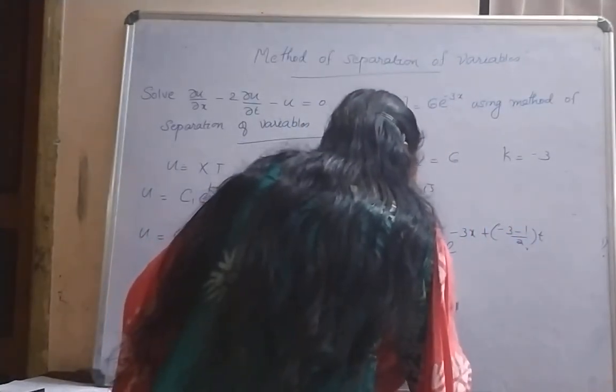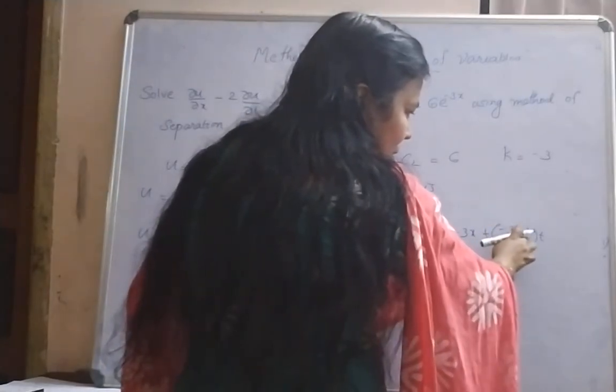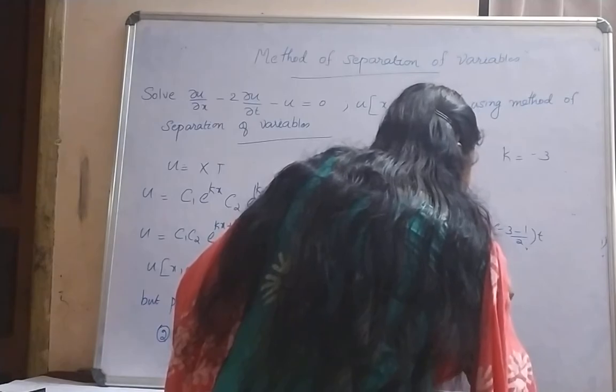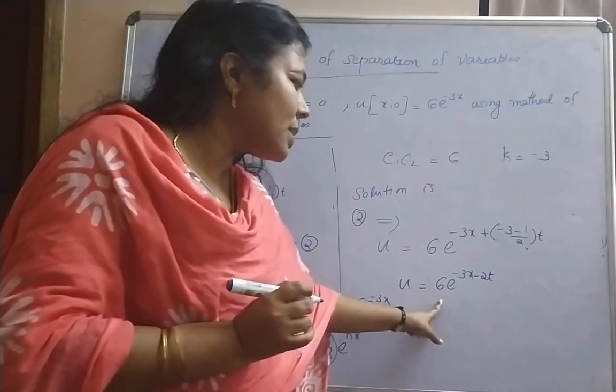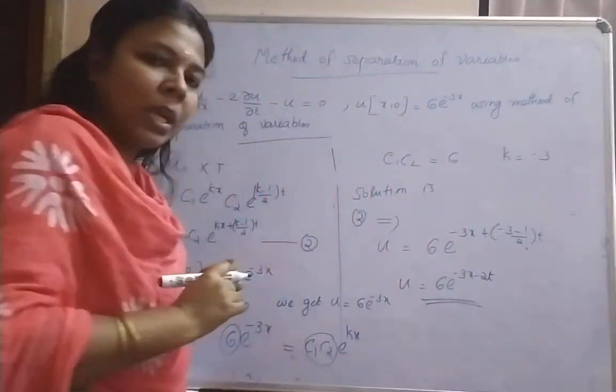We get u equal to 6 e raised to minus 3x plus (minus 4)/2 t, which is minus 2t. Here we get the solution as u equal to 6 e raised to (minus 3x minus 2t). Okay, thank you.